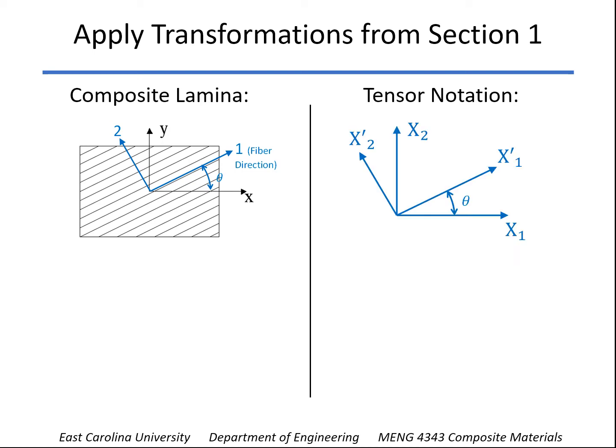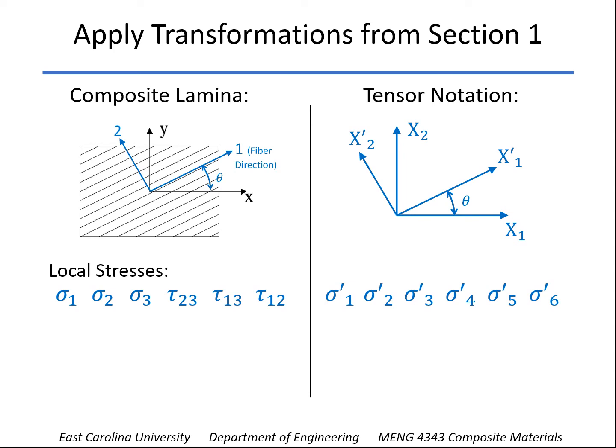When we did this for the general tensor notation, the unprimed 1, 2, and 3 axes were the global, and the primed 1', 2', and 3' were the local, which would correspond here to the local coordinate system. So, local stresses.